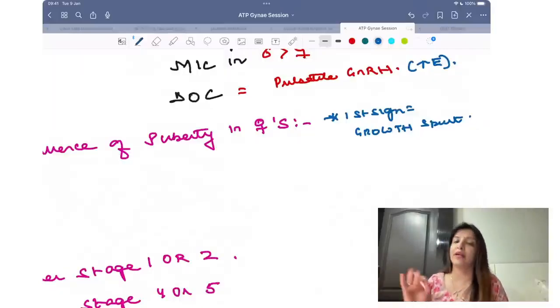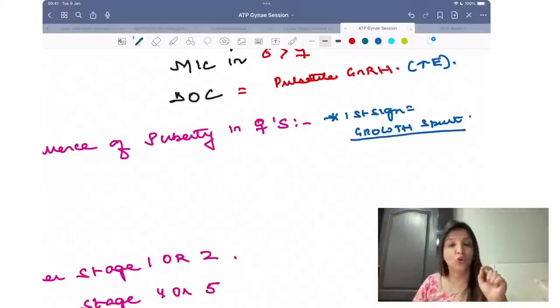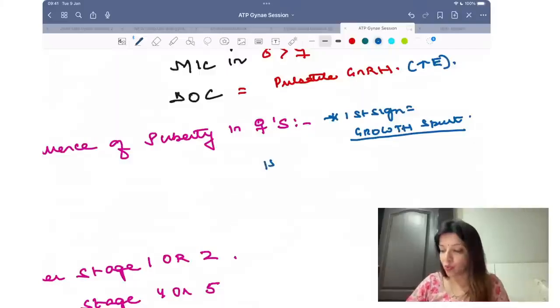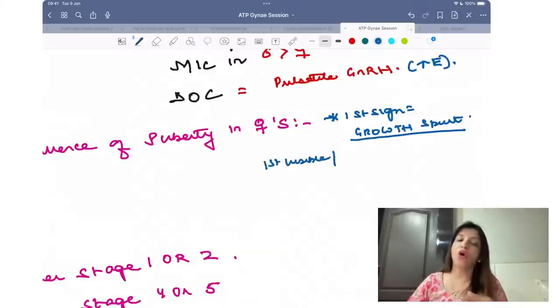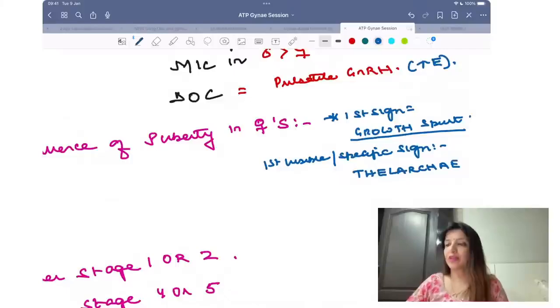Mark the answer as growth spurt, because Williams is saying growth spurt, right? So the first sign of puberty is growth spurt. The first visible sign, or the most specific sign, is thelarche.